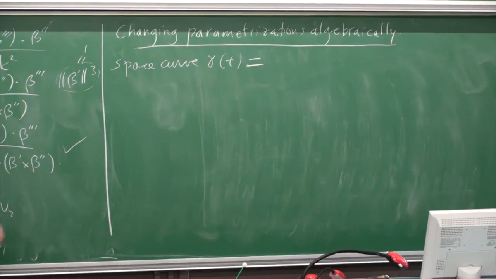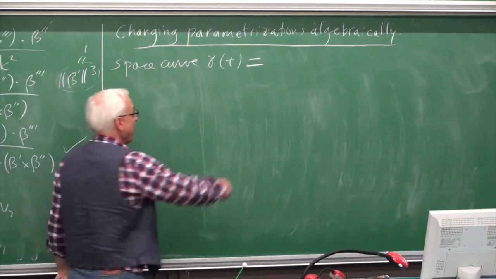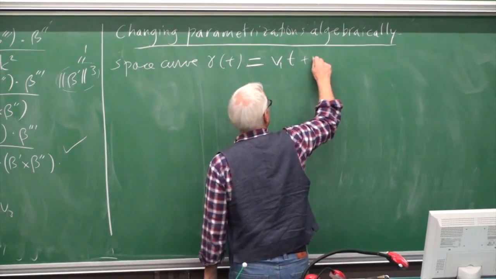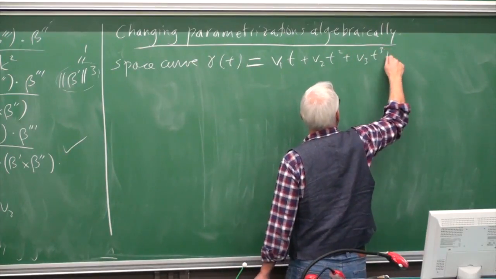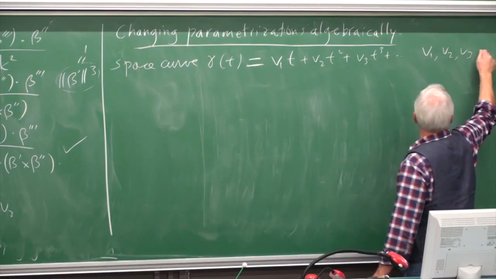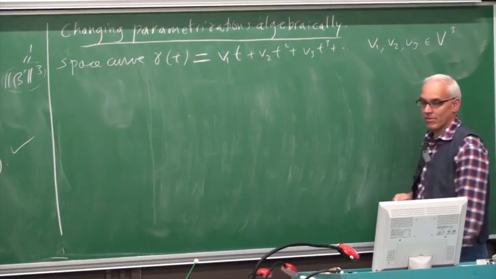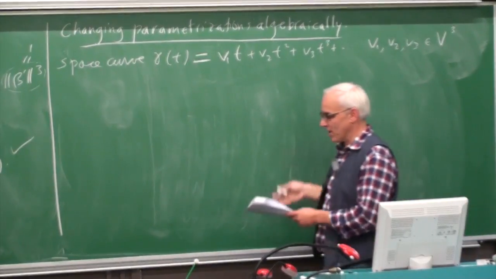All right, so let's express a general curve in a kind of simplistic polynomial way by thinking of it as v1t plus v2t squared plus v3t cubed and so on, where these v's, v1, v2, and v3 are vectors. So we're thinking about the parameterization.